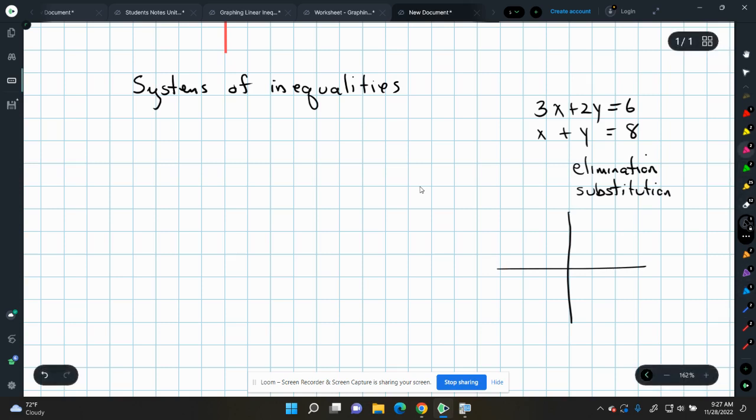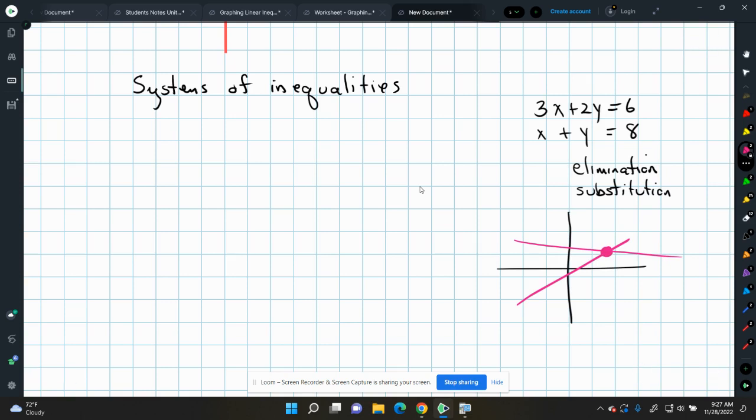So what I would be doing is graphing the two lines and then looking for that point of intersection. That's how we solve a system of equations graphically. Remember that? That's what we did in the very beginning of the systems lesson. We graph the two, and wherever they intersect, that's the solution. One solution. So a system of inequalities is going to be similar, but not quite the same.